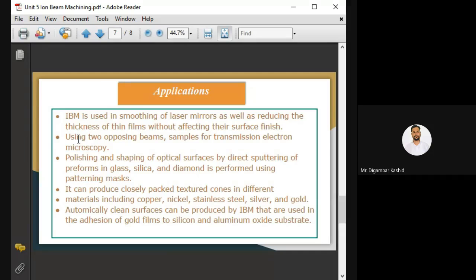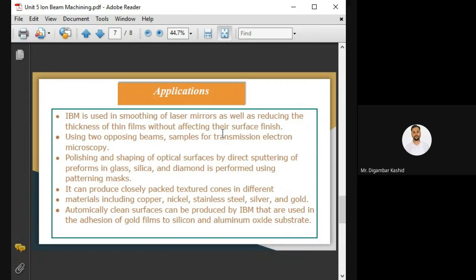You will get the study material in one book by Gary Benedict, and another is Advanced Machining Processes by Hassan El-Hofy. From that book, I have taken all this data. You will get some research papers about this, no problem.